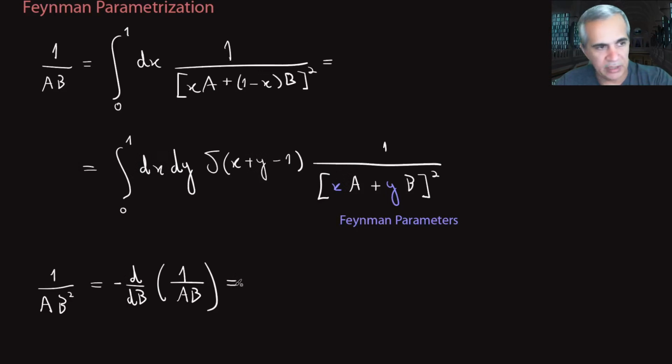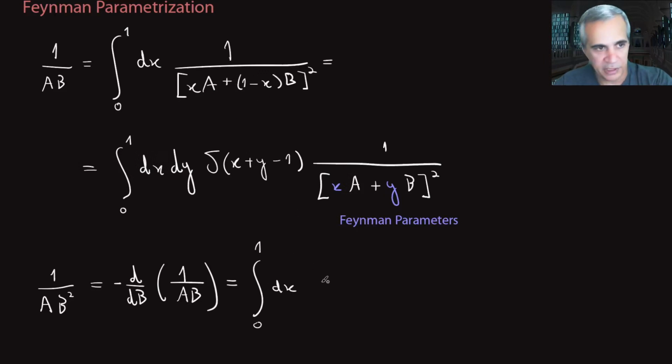And on the right side, you can do the same. If you apply that either here or here, it doesn't matter. I think it's easier to do it in this case right here. You get an integral from 0 to 1 dx.